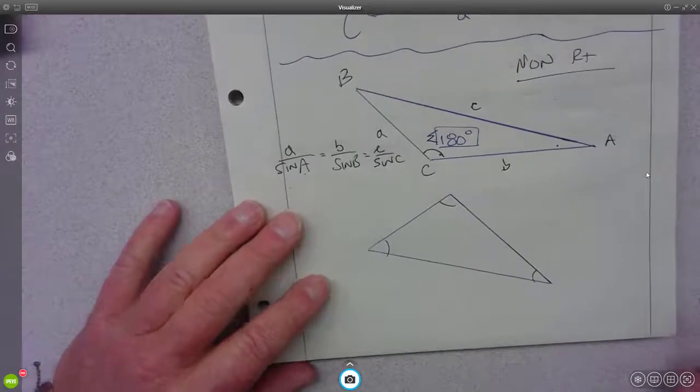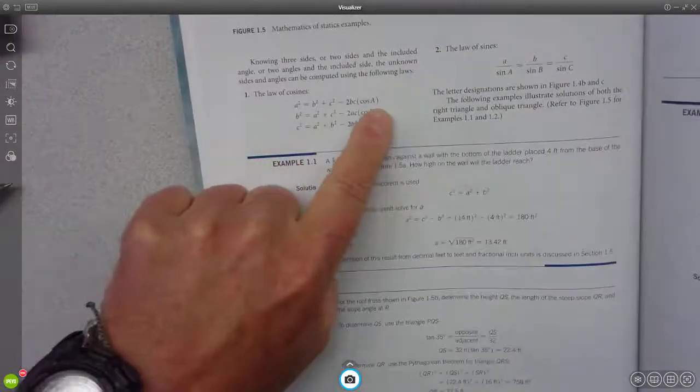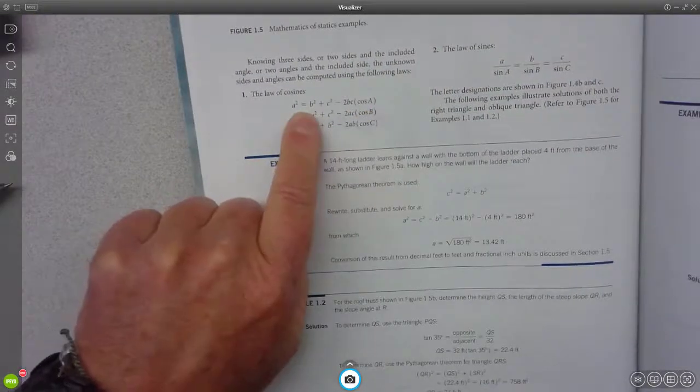And then the cosine law, they again wrote all three forms, and really I think you've just got to be familiar with how it works.